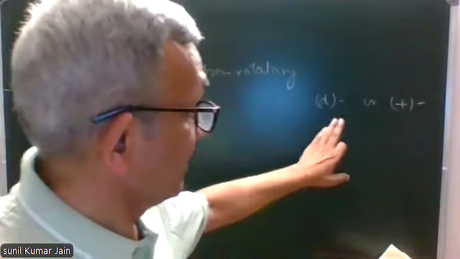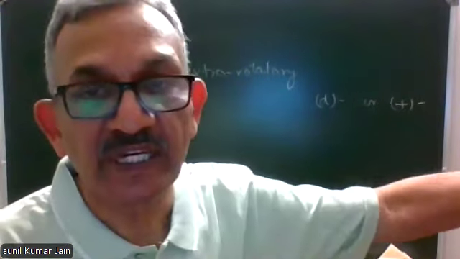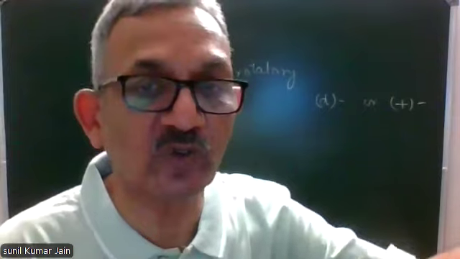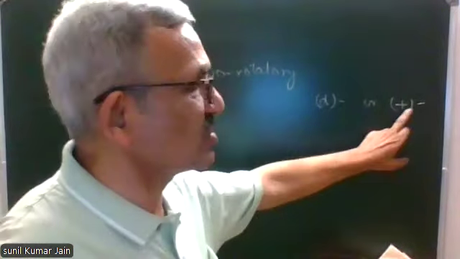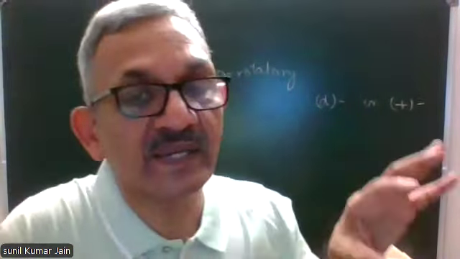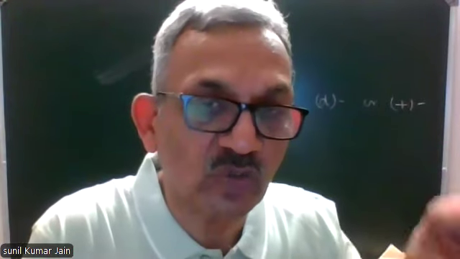So if I write d-2-butanol, it means dextrorotatory 2-butanol. If I write plus 2-butanol, I'm trying to say it is dextrorotatory 2-butanol.